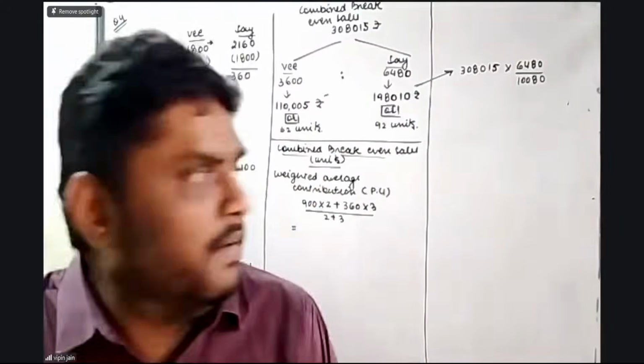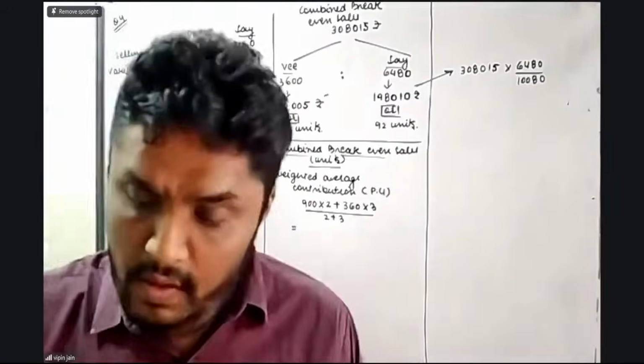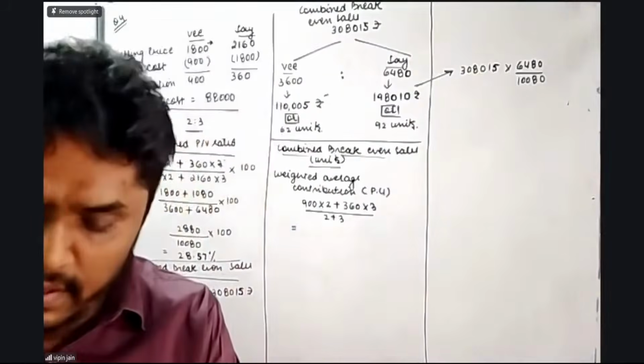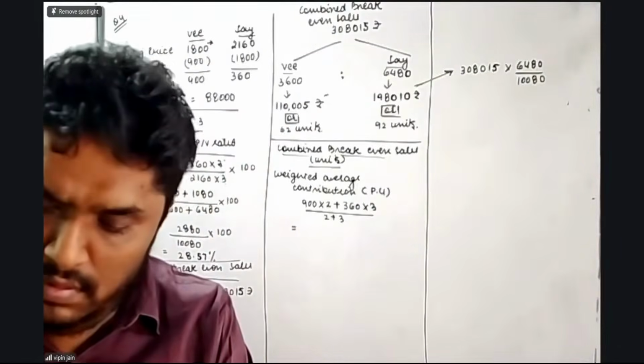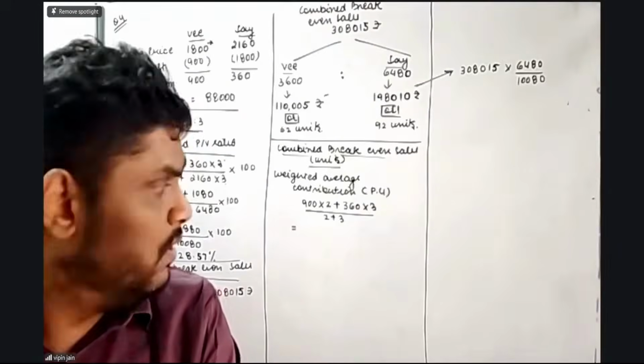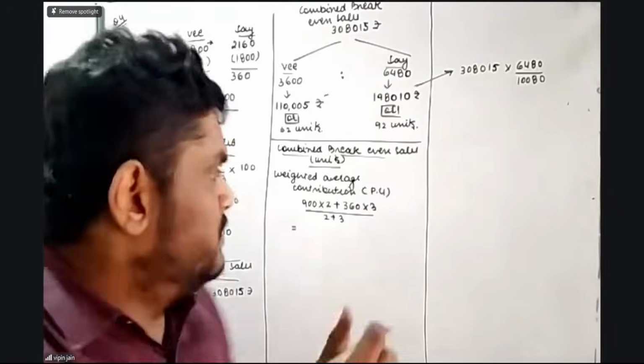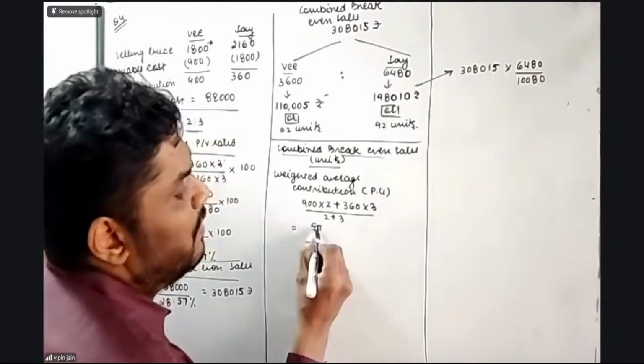Yes, great. So now let's calculate the contribution, 900 into 2. So this will be 576.